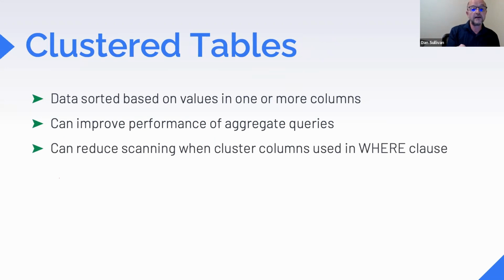And again, when you use where clauses with the cluster columns, you can narrow down the range of what BigQuery has to scan. So again, we're back at this idea: BigQuery is really good at scanning, and we can reduce the number of partitions, but even within a partition, we can get an even narrower range by using clustered tables.